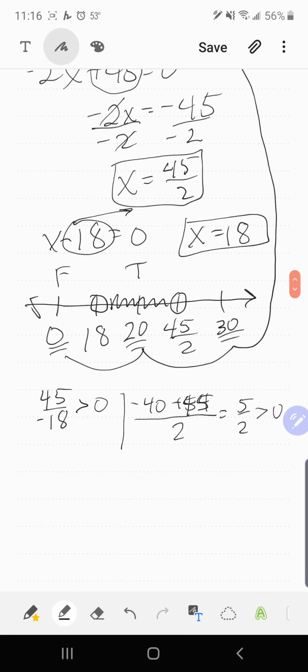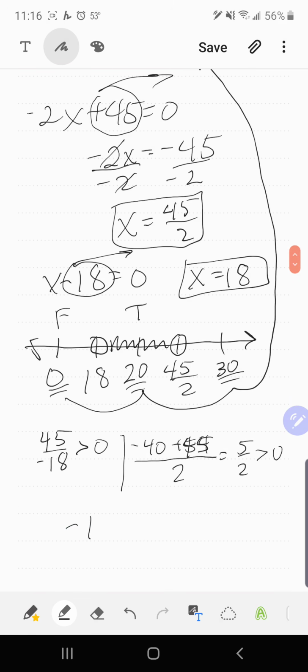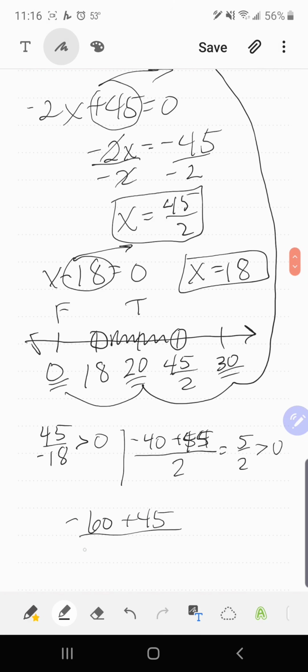And then if I plug in the 30, that's going to be 2 times 30, that's negative 60 plus 45 over 30 minus 18. And that's going to be negative 15 over 12, which is negative, which is not greater than 0.